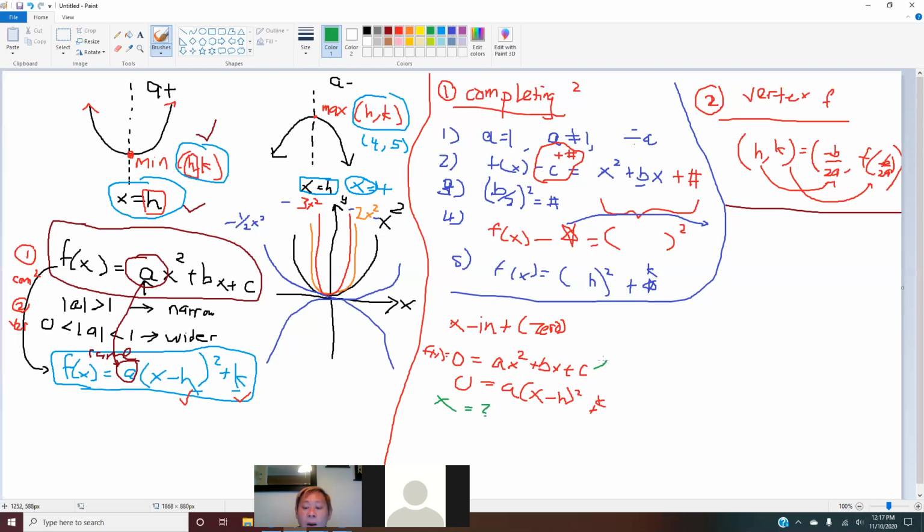If you have this form, you can do it by factoring, or you do it by using the quadratic formula. If you use the one that is already in the vertex form, then you can solve for x very easily: move the k, divide by a, and then take the square root and so on.